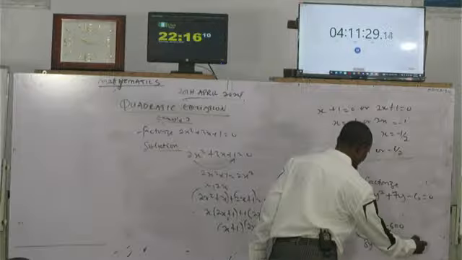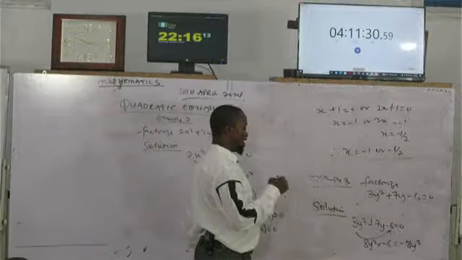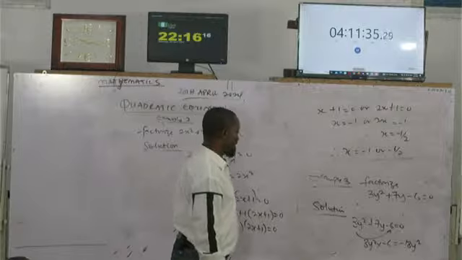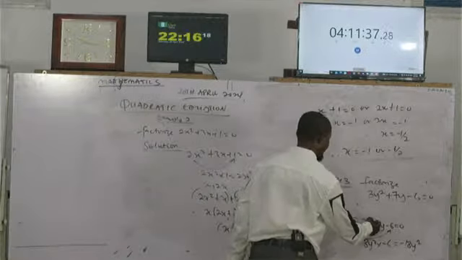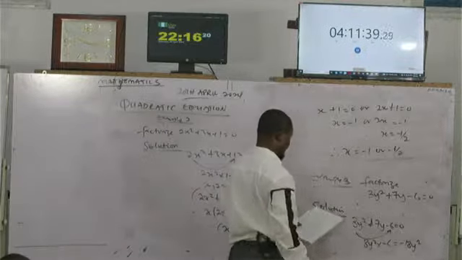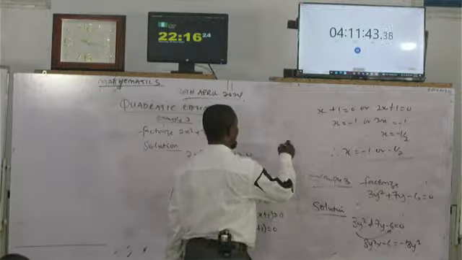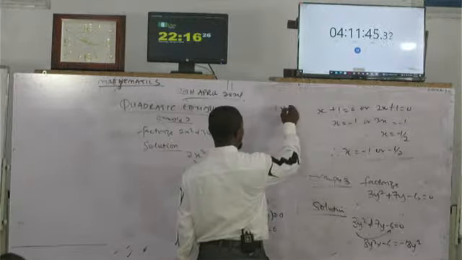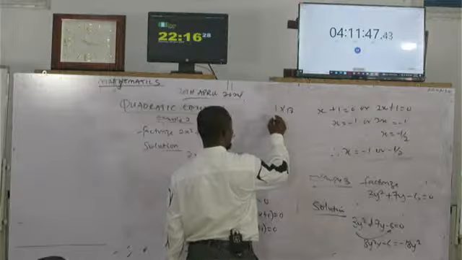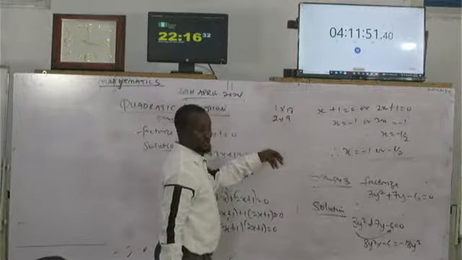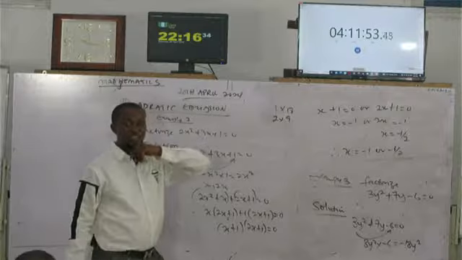Minus 18y squared. Look for the factors: when you multiply, you have minus 18, and when you add, you have 7. How do we do that? Factors of 18: 1 and 18, 2 times 9. Immediately you bring these factors, you see the answer.